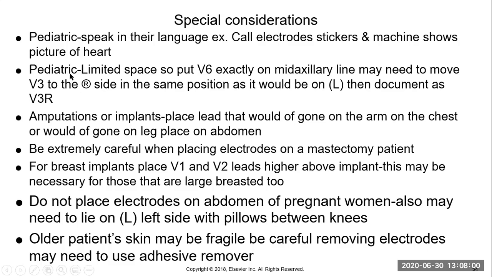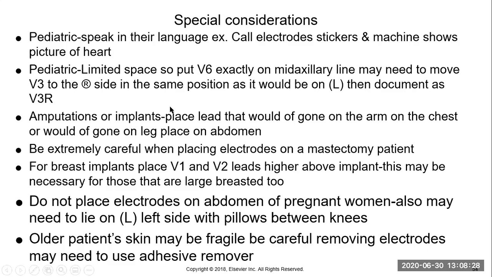Now, with the pediatric ECG, you have limited space because they have little chests. So you might only be putting on something like a V6 on their mid-axillary line, and they may need to move the V3 to the right, etc. So you may have to get creative on where you are going to be able to put these things, but any kind of thing that you move that's out of normal, you would document that.